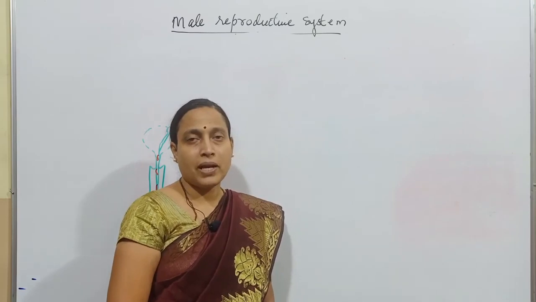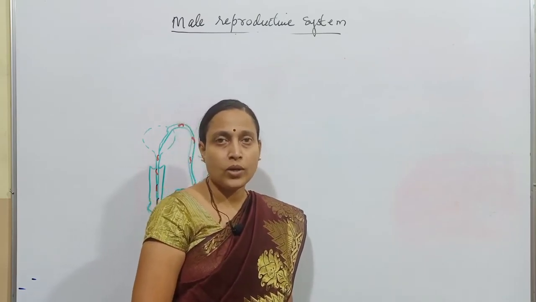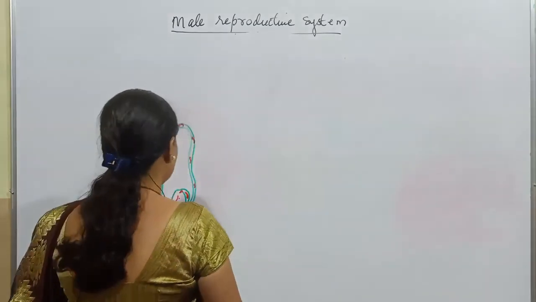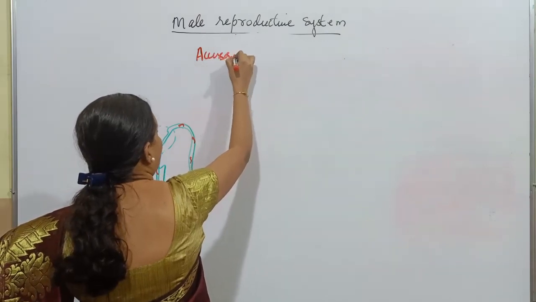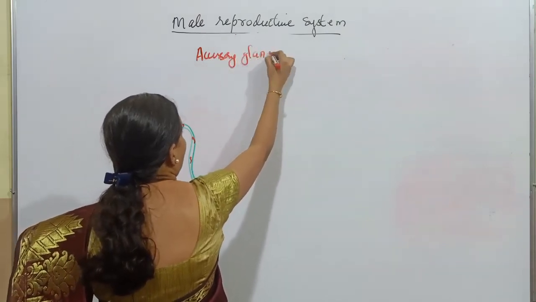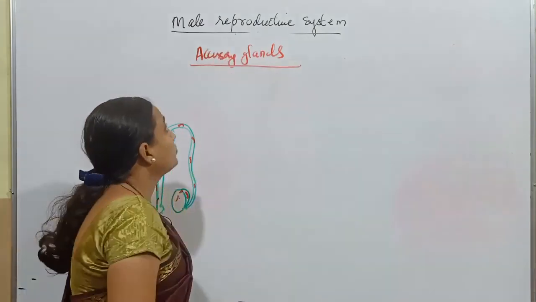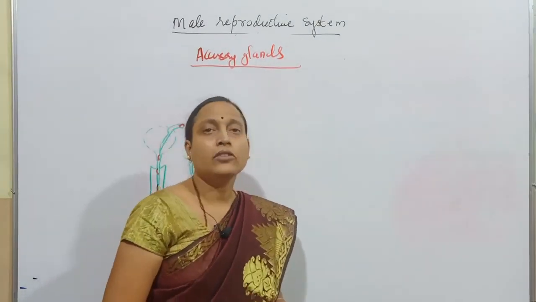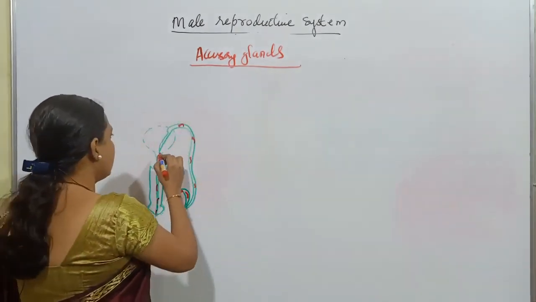Next I will explain about the accessory glands present in the male reproductive system. There are three accessory glands. First is located here.